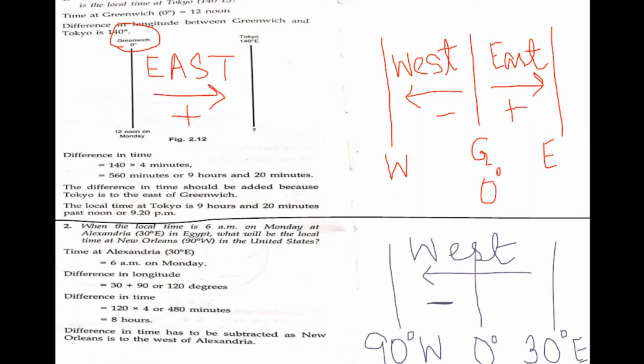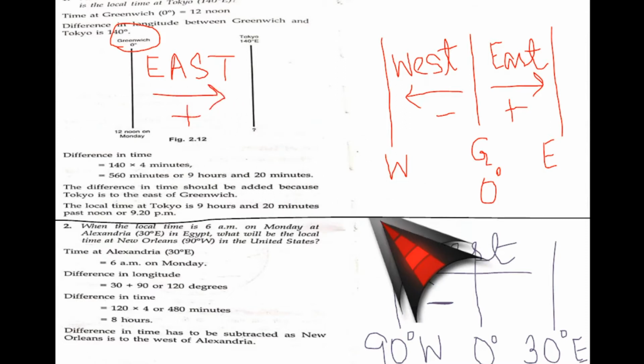If I look at the diagram first, I will see that Greenwich is at 0 degrees, and if I go more eastward, I will get Tokyo. I have to find out the timing of Tokyo.